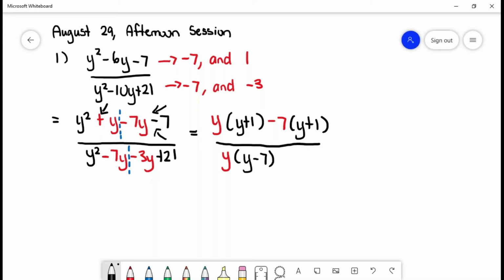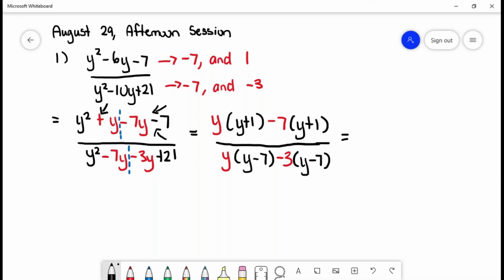Factoring out -3 as our common, in the brackets we would have -3 times y minus 7, which is what we get if you factor out -3.